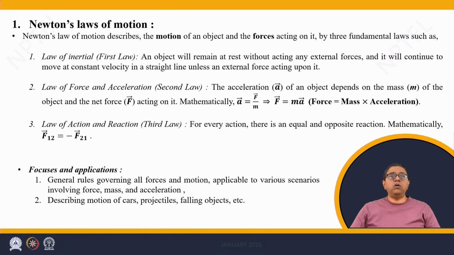The second is the law of force and acceleration. The acceleration of an object depends on the mass of the object and the net force acting on the object. This is mathematically represented as a vector equals force divided by mass.